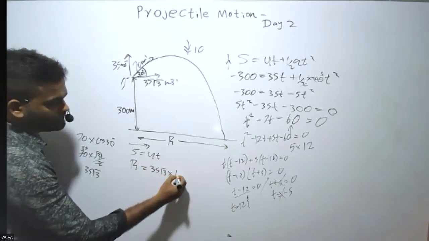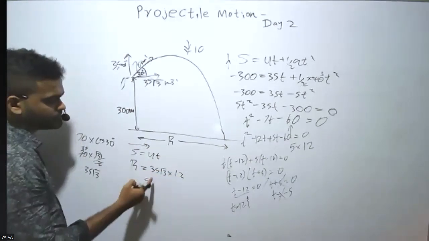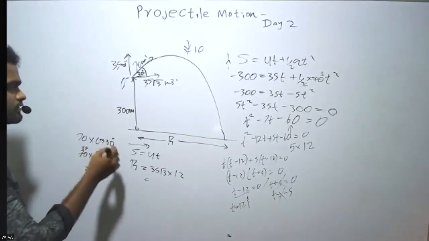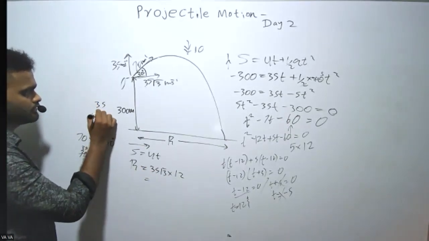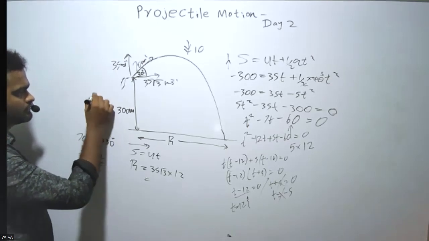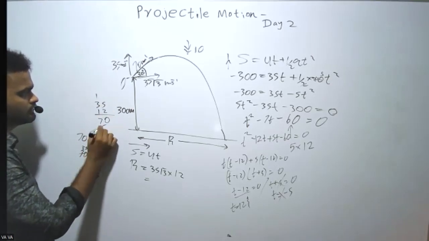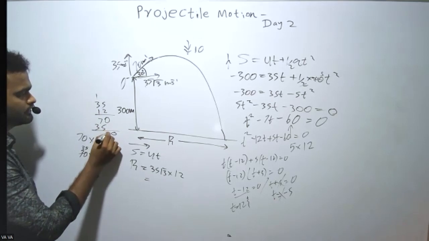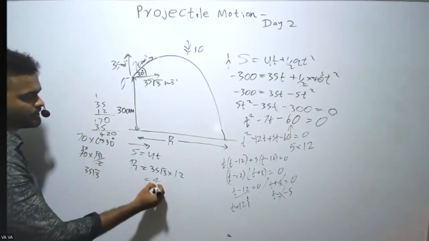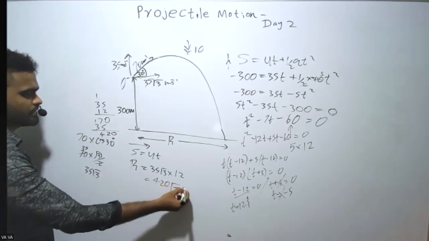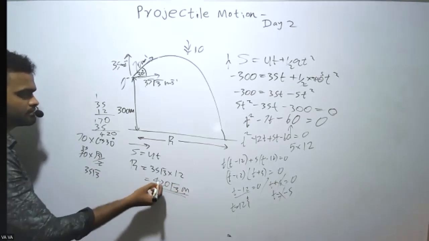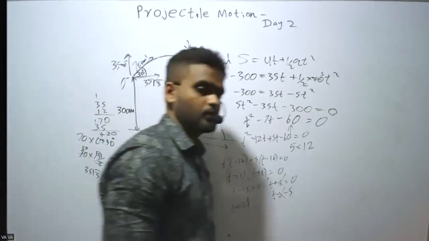Time is 12. 12 times 35. So how much is it? 12 times 35? 7, 5, 3. 420. So the answer should be 420 root 3.